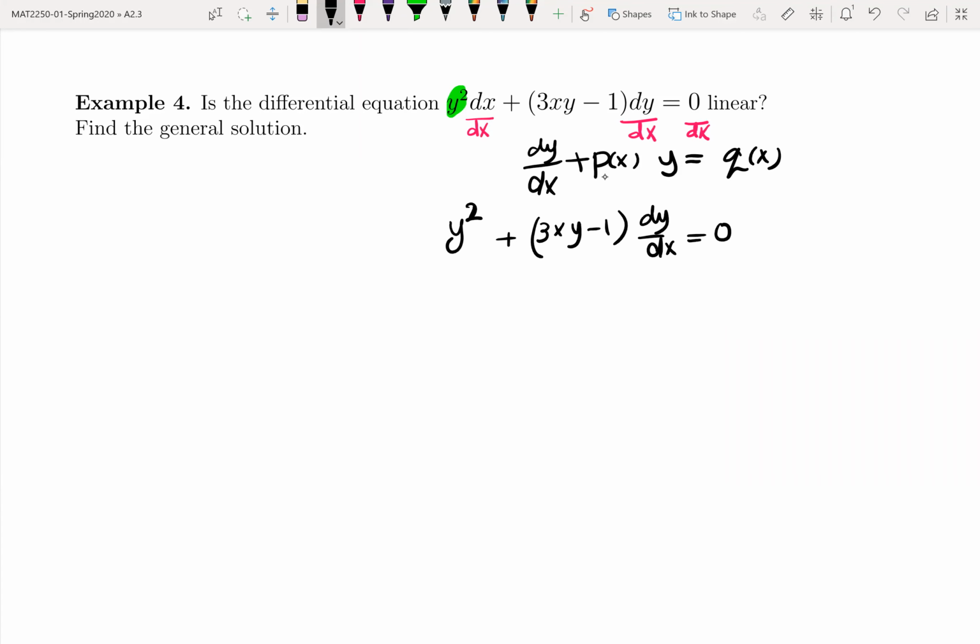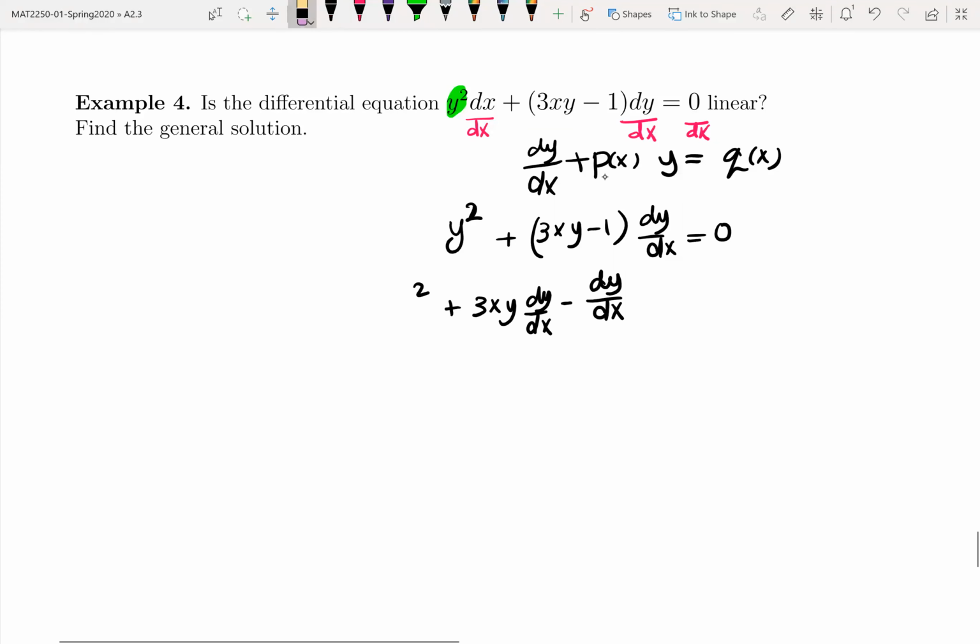Then I keep the dy dx, and then I multiply, oh no, sorry, I should divide.